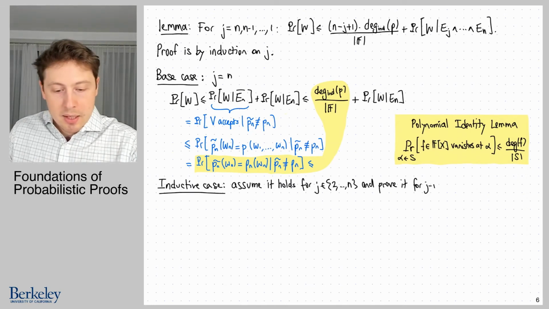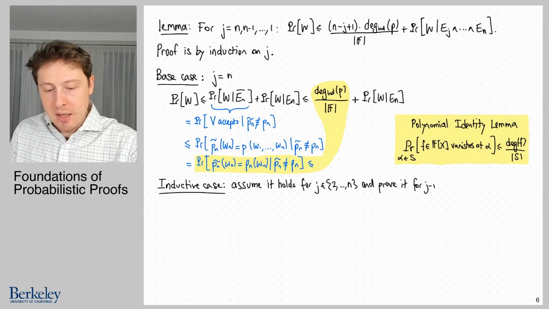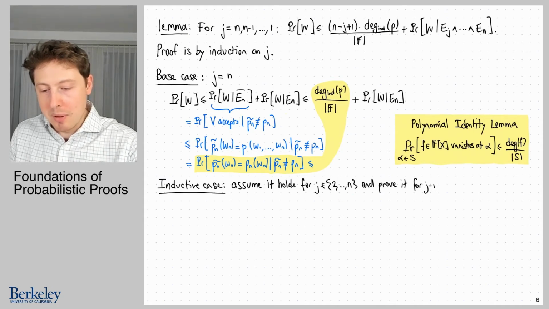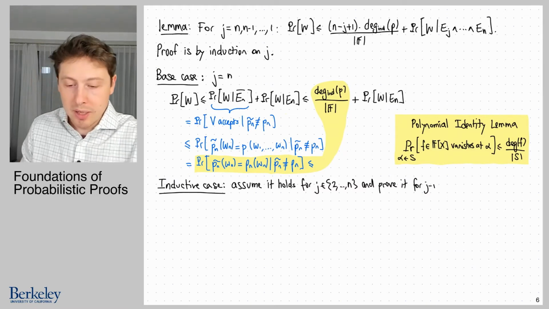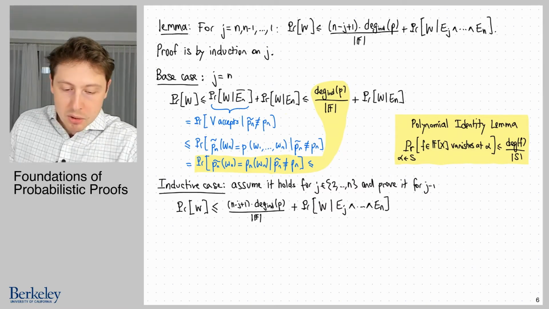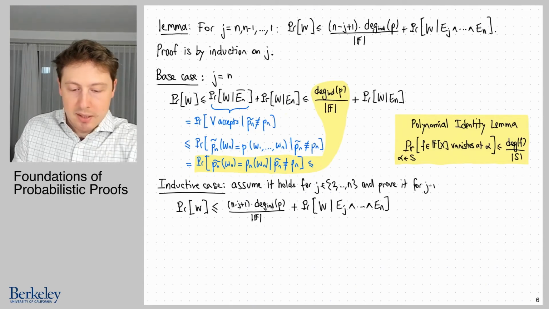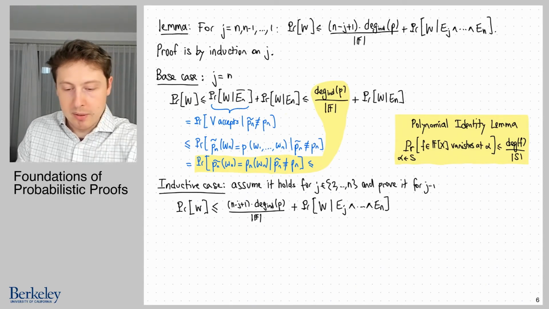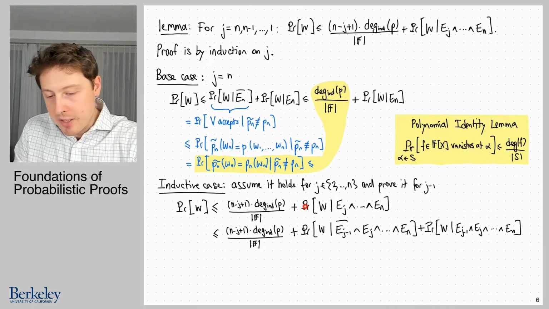All right. Now in the inductive case, we're going to say, okay, let's assume that the lemma holds for j equals n, n minus 1, blah, blah, up to 2. We want to prove it for j minus 1, okay? So, all right, here is just the inductive assumption, okay? So we're applying the assumption for j, okay? And I can say, look, let's break up this probability.